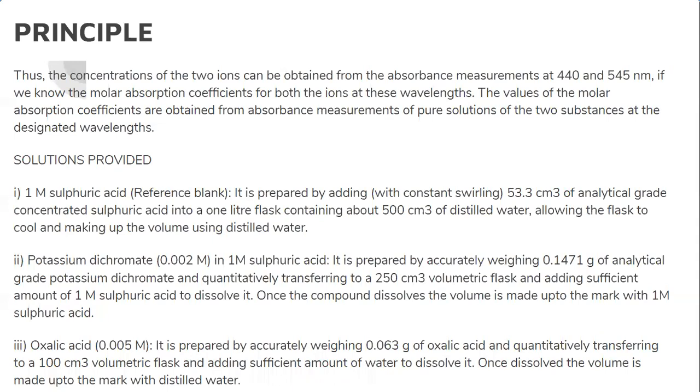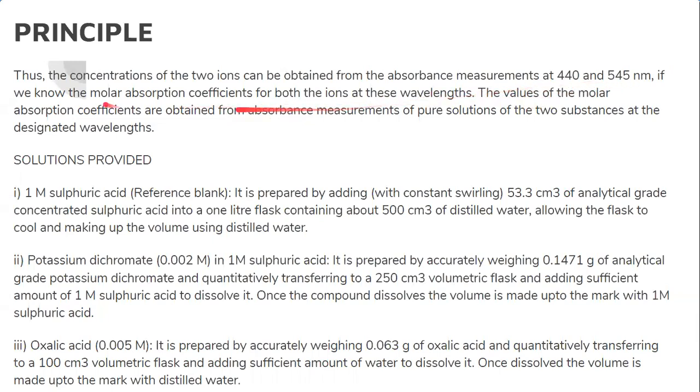The important thing is that we need to find the molar absorption coefficients of the two ions at 440 nanometers and 545 nanometers. To do that, first we need to use a pure single solution each: potassium dichromate solution and potassium permanganate solution. By using these two pure solutions, we find the absorbance at 440 as well as 545.